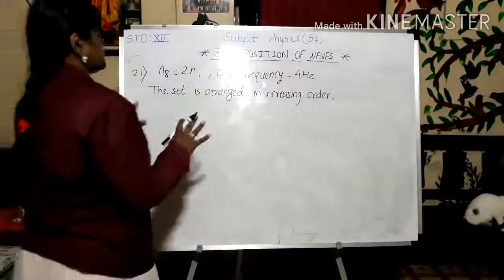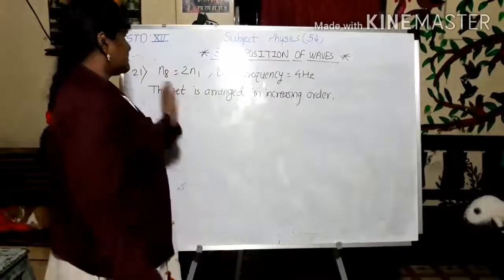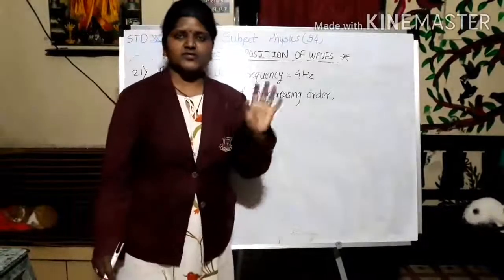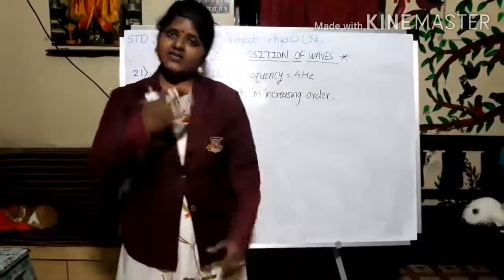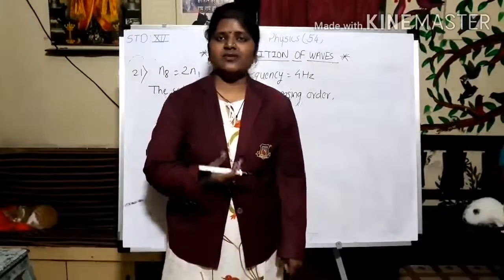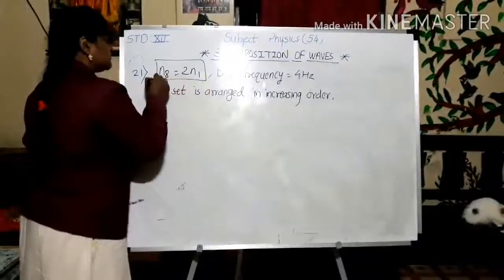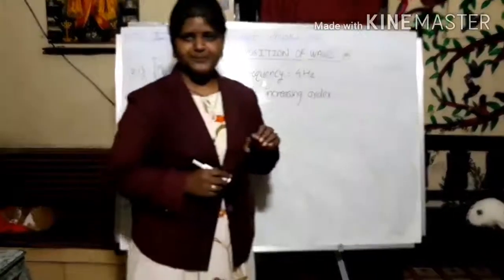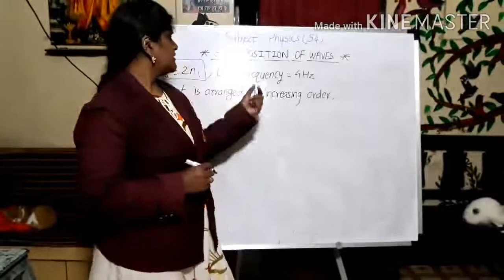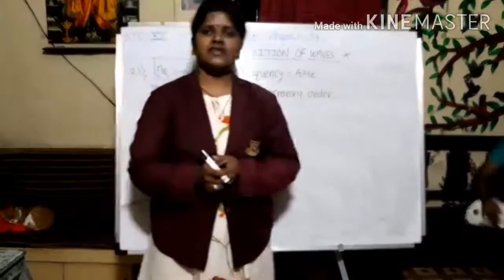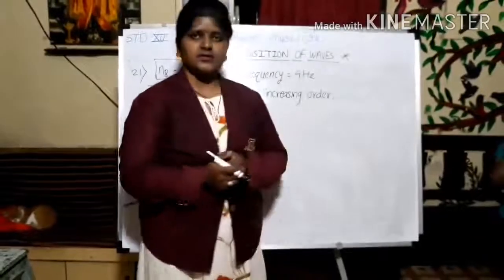So the given things I have written on the board. First, the very important thing they have given is that the last frequency of the tuning fork is twice the first one. So I have written N8 is equal to twice N1, N1 being the first, obviously. Then the beat frequency is given as 4 Hertz, right?